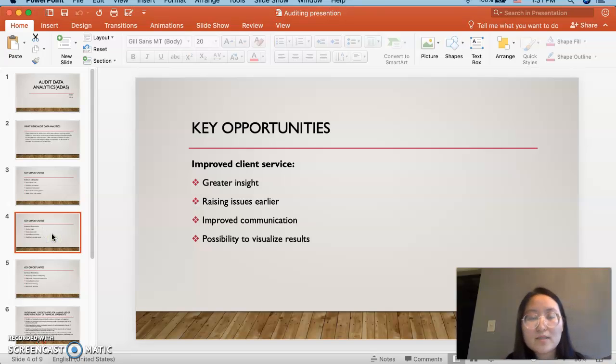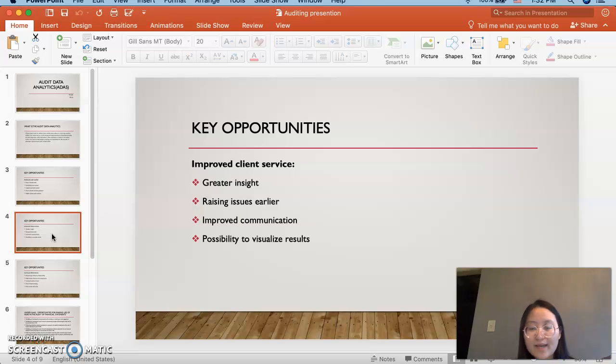Okay, so the second is improve the client service. Auditors always need to first comply with professional ethics and independence requirements when engaging with clients.